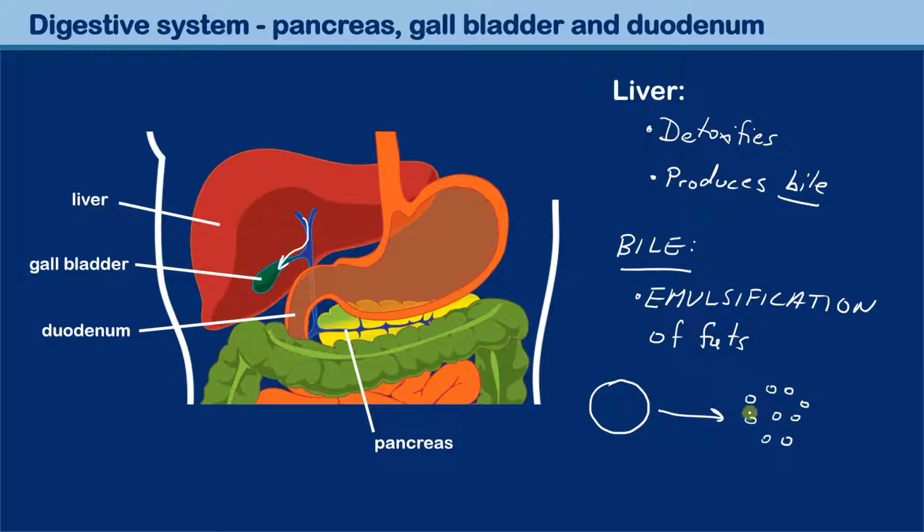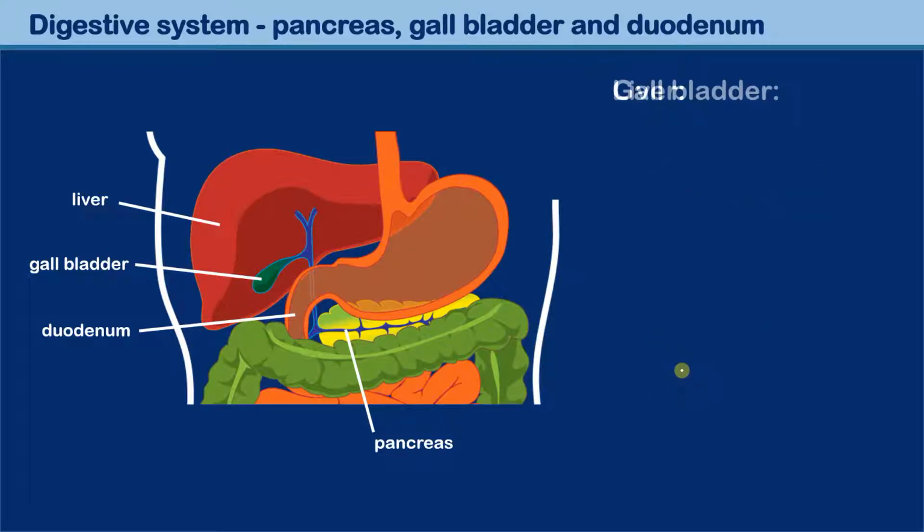So chemically, it's still fats, it's still a lipid, so it is a physical process. We move on. The gallbladder, as I already mentioned, stores the bile until it is needed, and it's then given off into the small intestine.